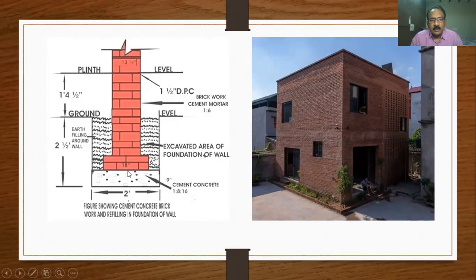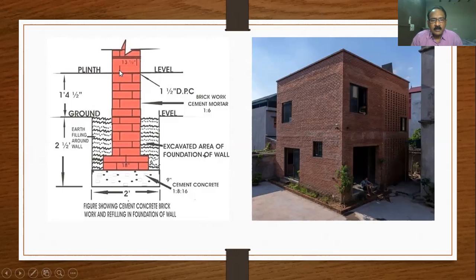But here in our area, we'll have 1:5:10, that is one cement, five sand and ten coarse aggregate around 40 mm. This is excavation. After that, footing, first step, second step, like that.